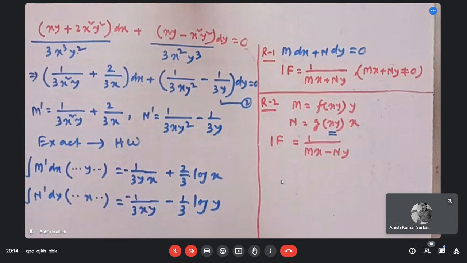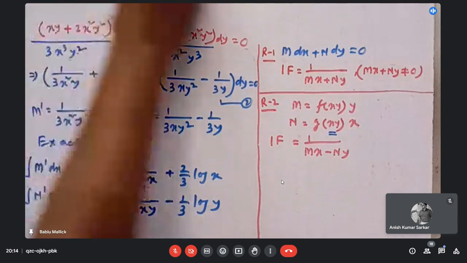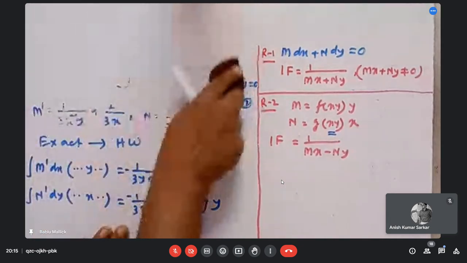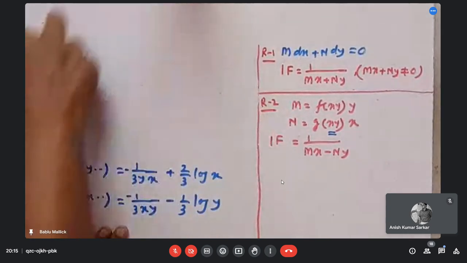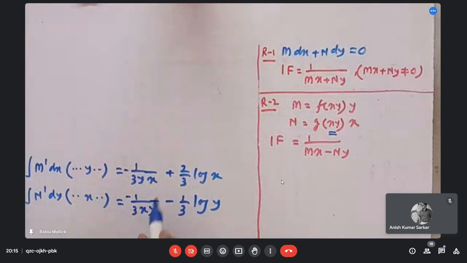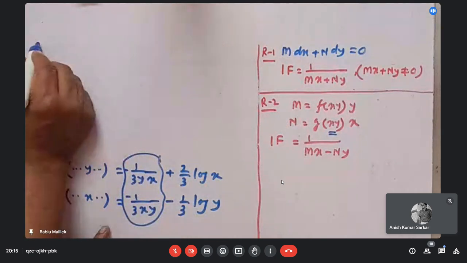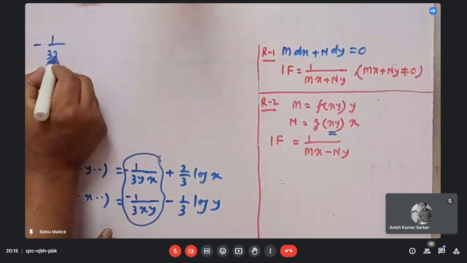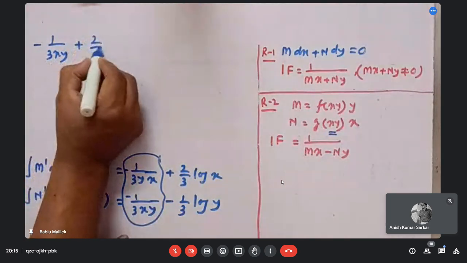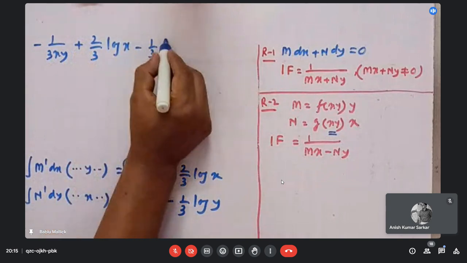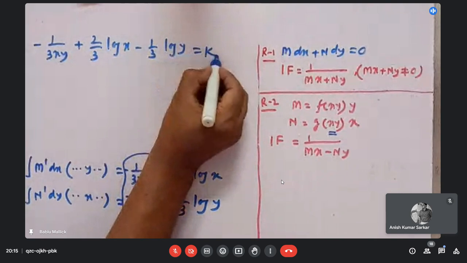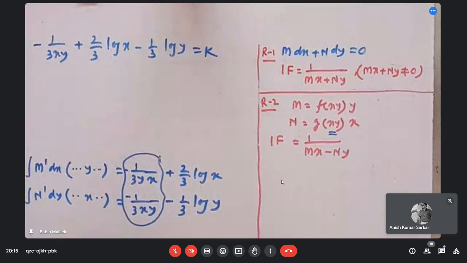So add them. This part is common, so I shall take it only once. Solution is minus 1 by 3xy plus 2 by 3 into log x minus 1 by 3 into log y is equal to k.